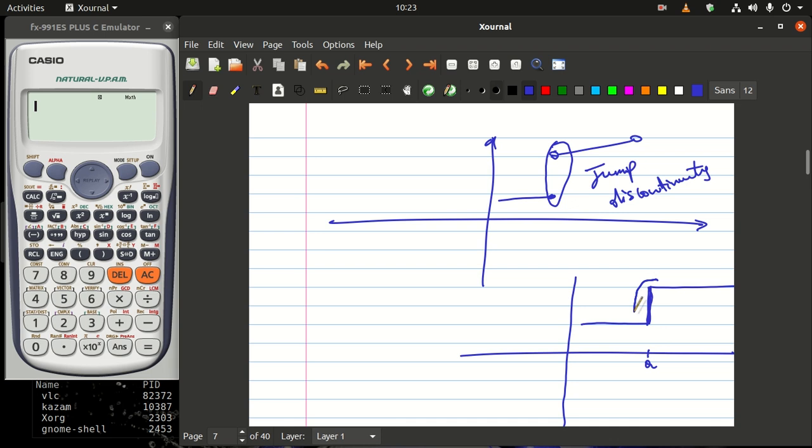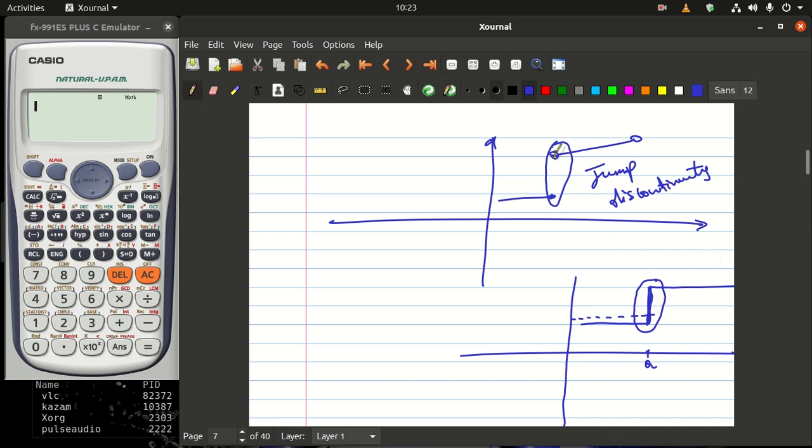So classifying this whole thing does not even make sense because we wanted to talk about points of discontinuity when we are dealing with a function. This is not a function because it's having so many outputs. If I go to A, I have that output, that output, that output. So this is not even a function, so let's not bother with it.